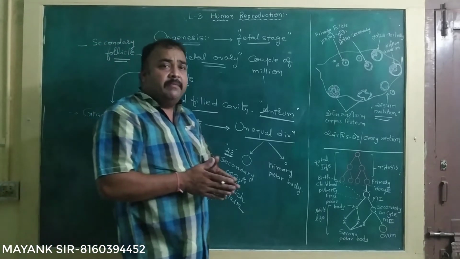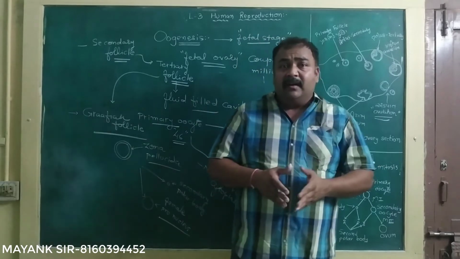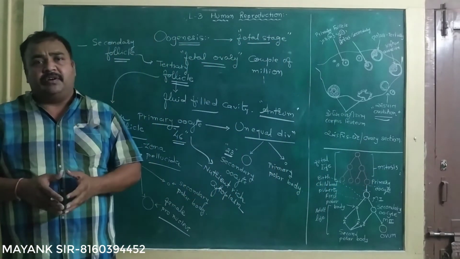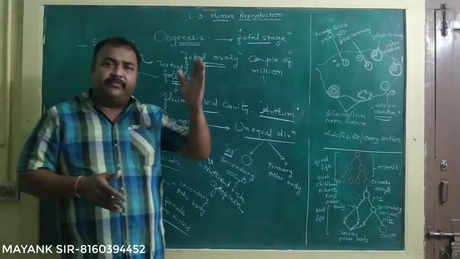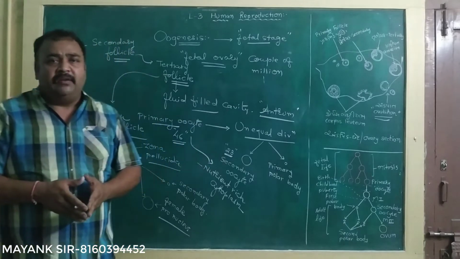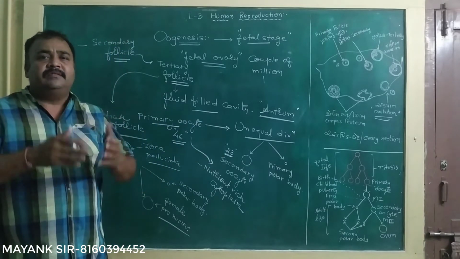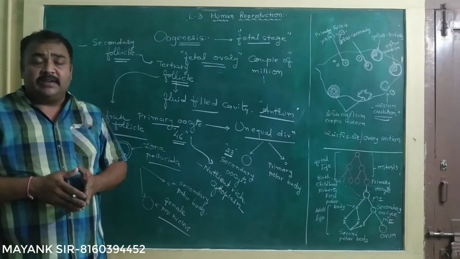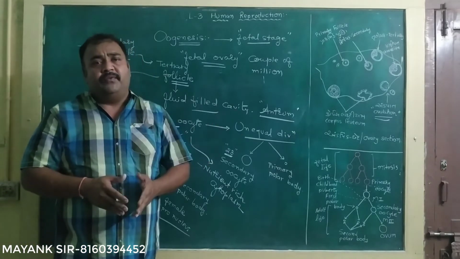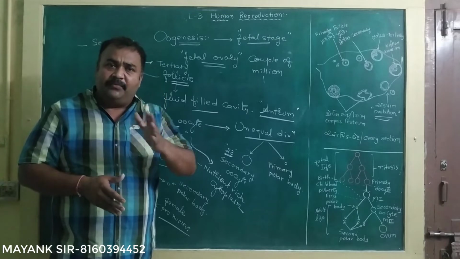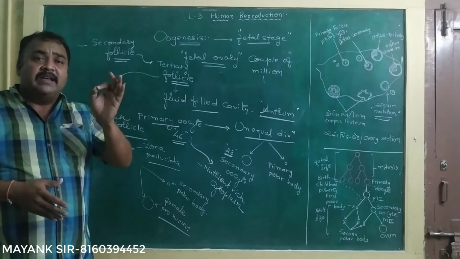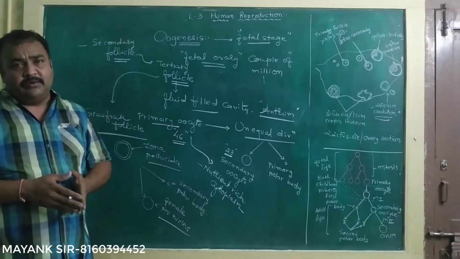The number of primary follicles decreases quickly because of degeneration from the time of birth to puberty. And at puberty, what happens? New layers of granulosa cells are produced, new theca are produced, and the primary follicles are converted into secondary follicles. The number of secondary follicles will be around 60,000 to 80,000.